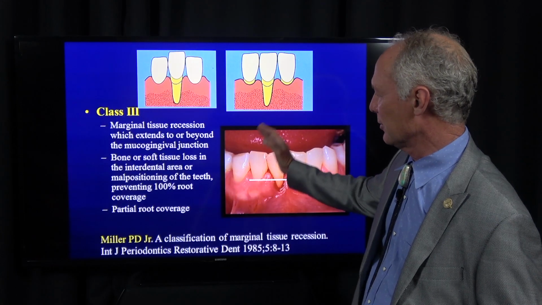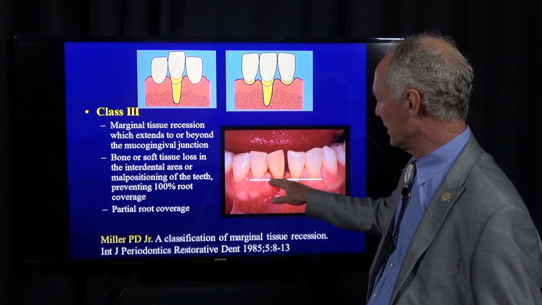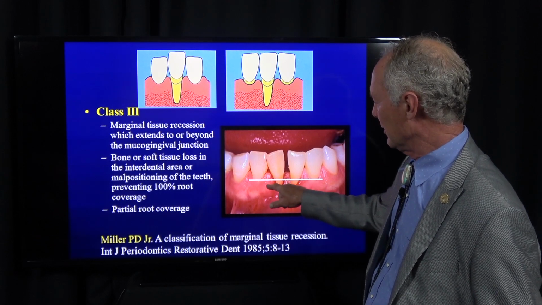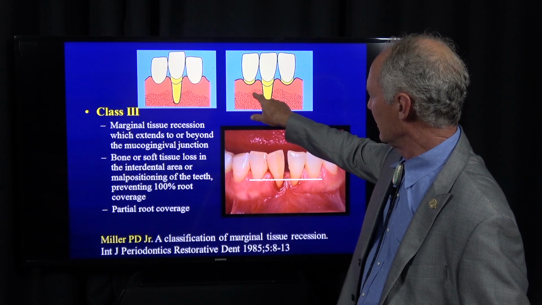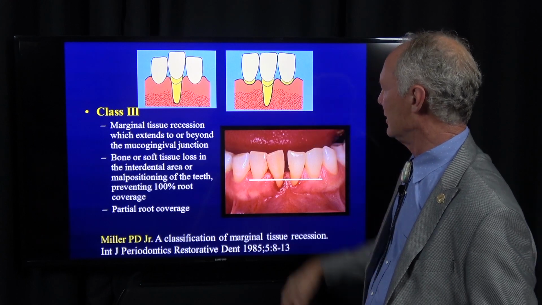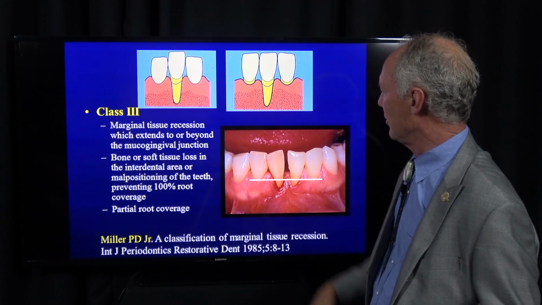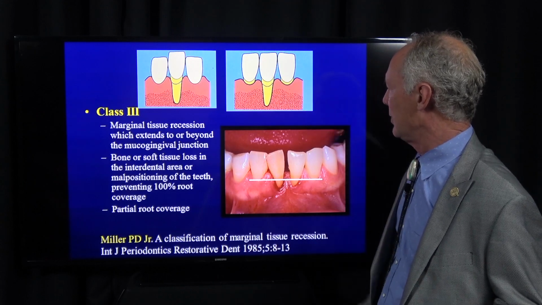So this class 3, you're not even thinking about coverage. You're going to get some coverage, but if the interdental bone is down to here, you're not going to cover up to here. You've got to have the interdental bone to get root coverage past a point.